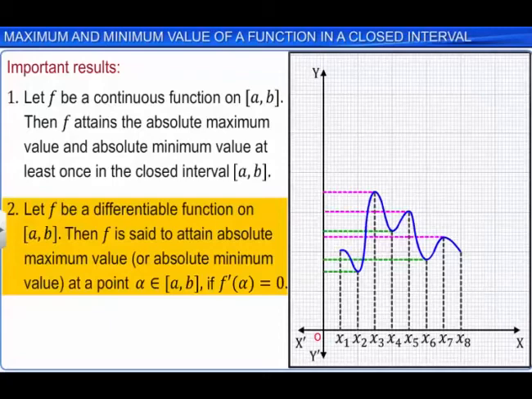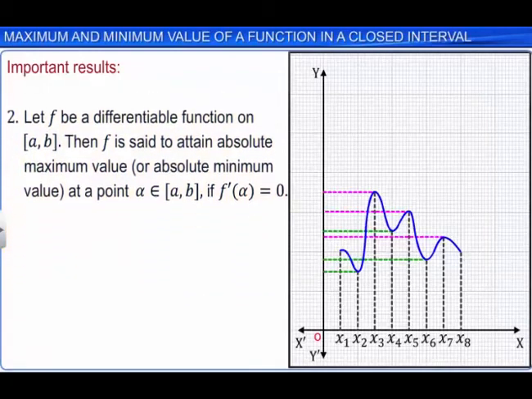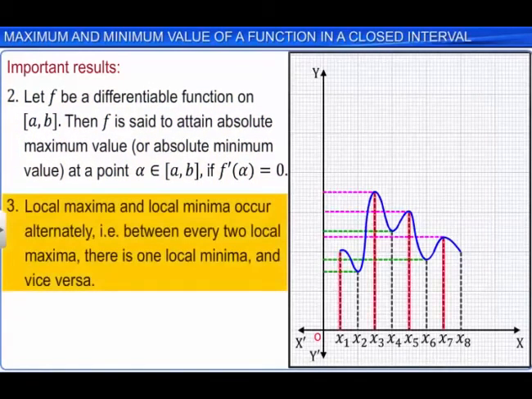Local maxima and local minima of a function occur alternately, which means that between every two local maxima there is one local minima and vice versa. Local minima at some points may be greater than local maxima at some other points.